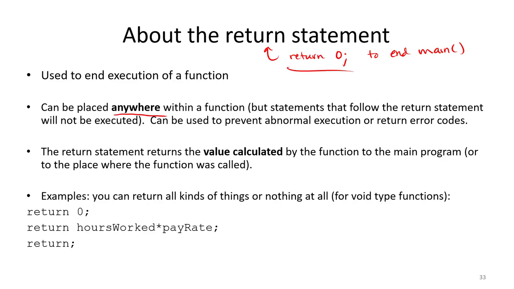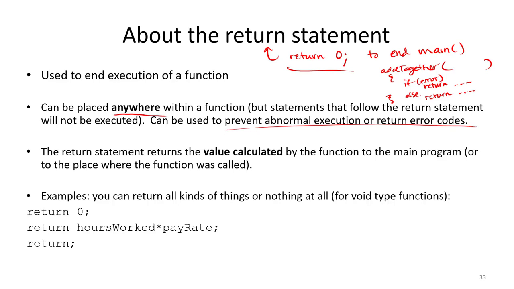But it's also possible to have multiple return statements in a function if you want to return error codes or if some error condition is met. So you could have a function add together, and then inside your function, if you have an error condition, you could have some message, and then else, you return something else.